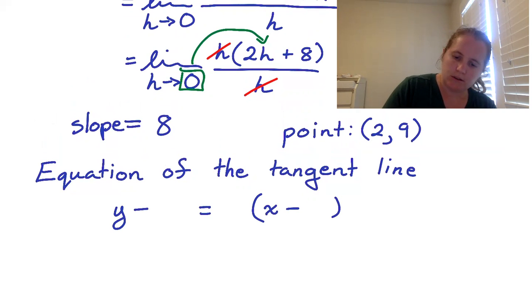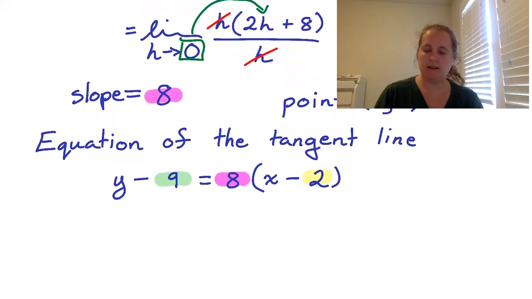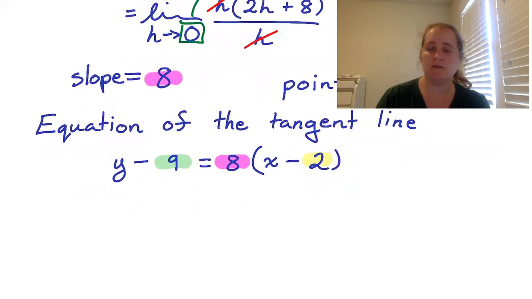So we'll do y minus 9 is equal to 8 times x minus 2, and then we can rearrange if necessary.